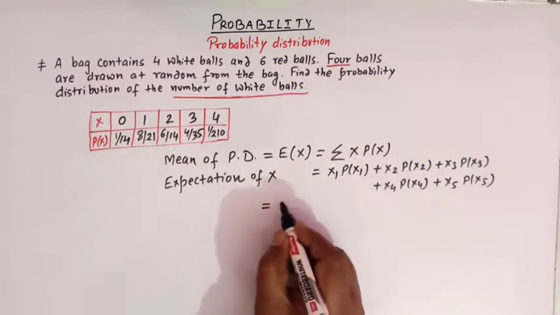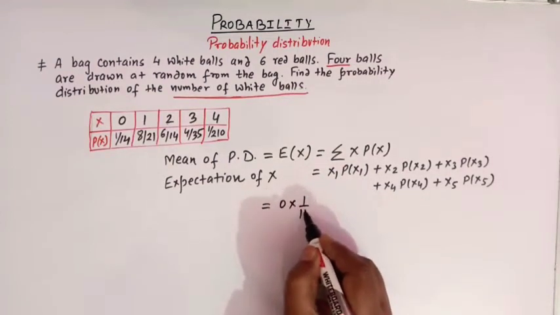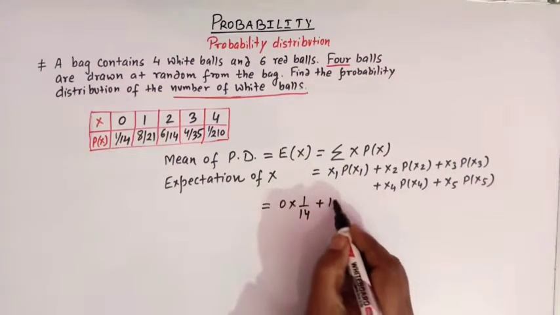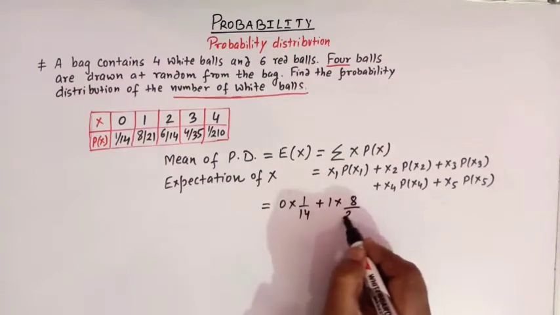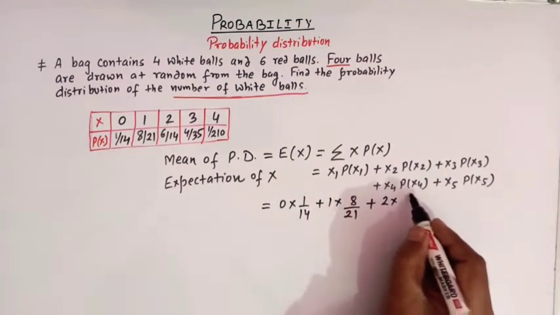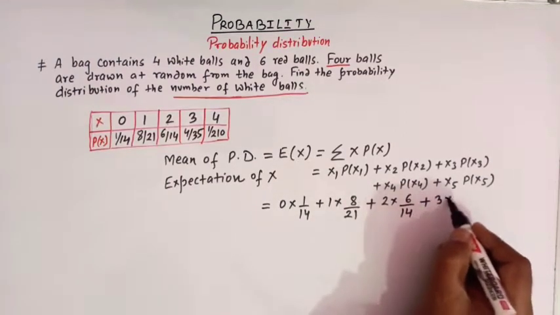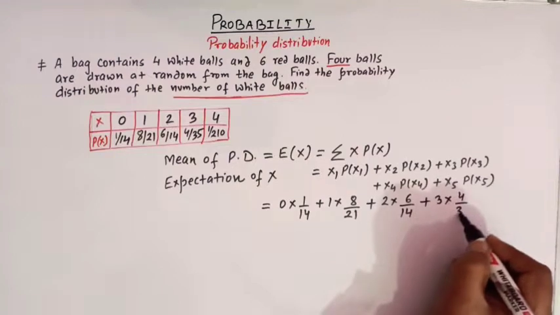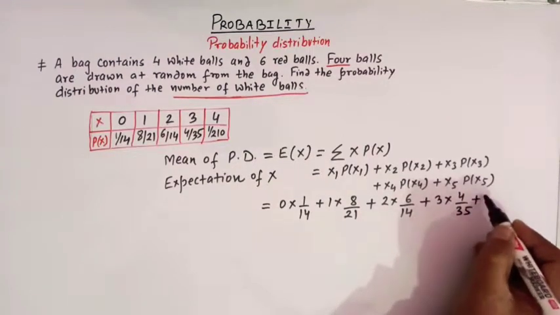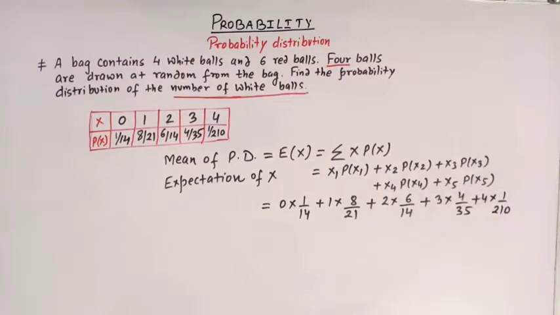So now we can write 0 times 1 over 14 plus 1 times 8 over 21 plus 2 times 6 over 14 plus 3 times 4 over 35 plus 4 times 1 over 210, right?